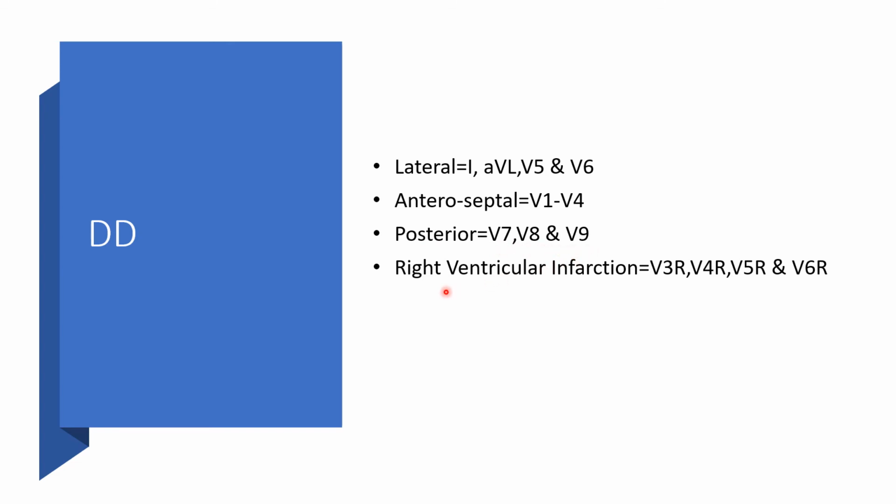It might be right ventricular infarction, and in that case, you're going to pick the elevation at V3R, V4R, V5R, and V6R.